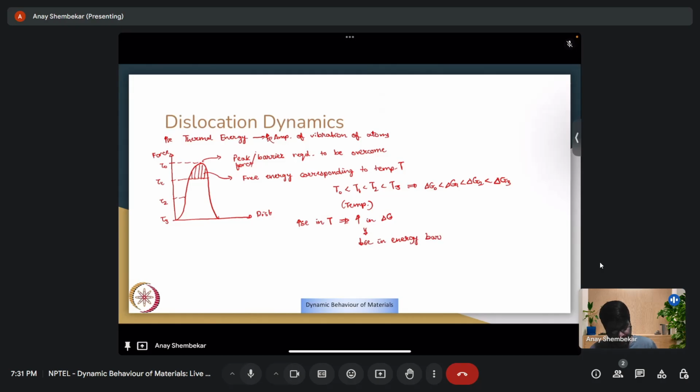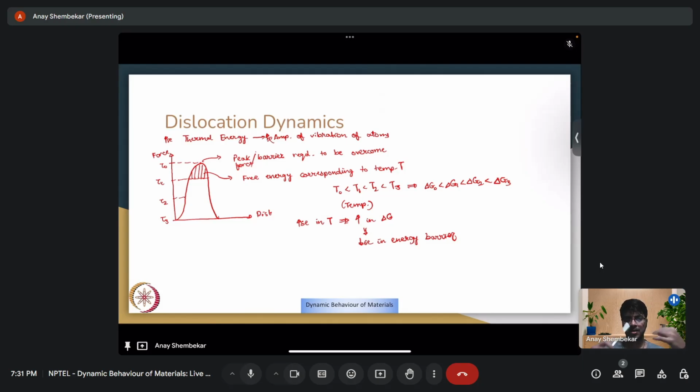The shaded part that I have shown is for the temperature T1. So delta G1 is the shaded part in the left hand side plot, and the total amount of energy that we require to cross the barrier has gone down by the amount equal to the area enclosed in the shaded part.